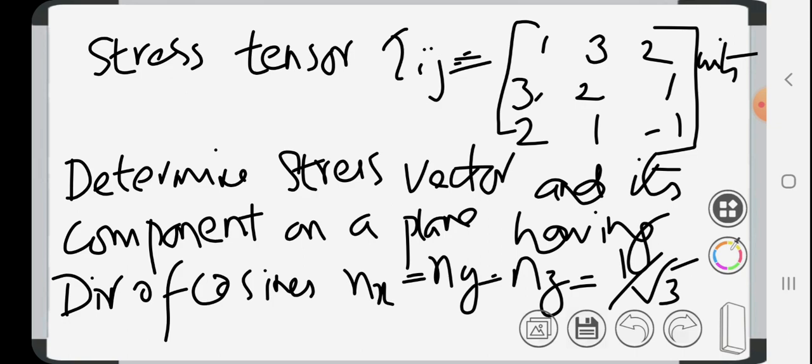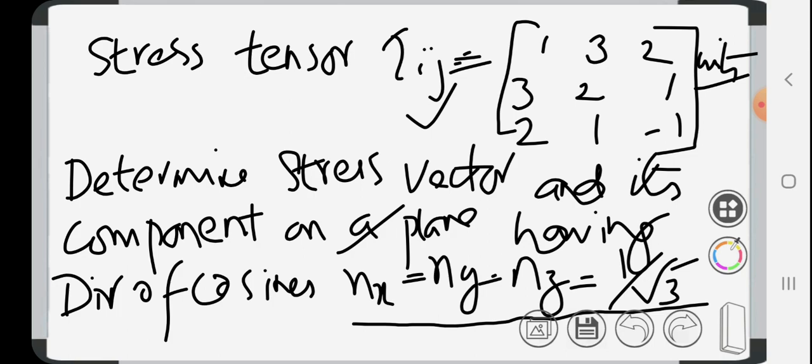So this is the stress at a point, in these units. This is how we represent stress at a point. We are asked to determine the stress vector and its components on an arbitrary plane. This is based on a Cartesian coordinate system, but we are asked to find the stress vector and its components on a plane having direction cosines nx equal to ny equal to nz equal to 1 by root 3.